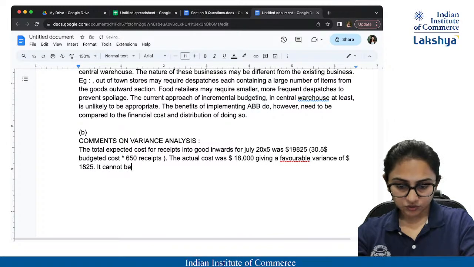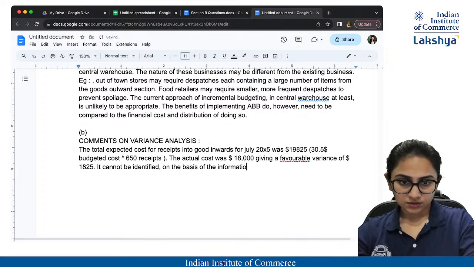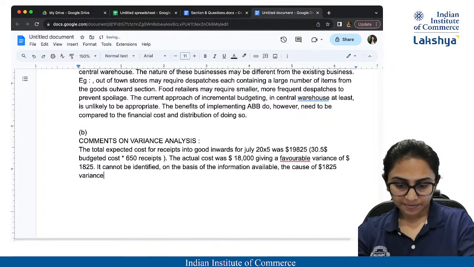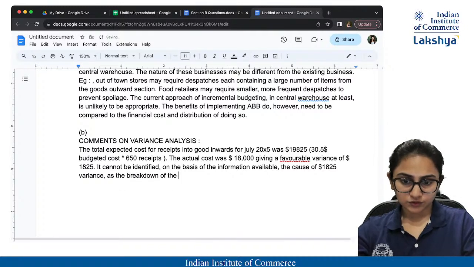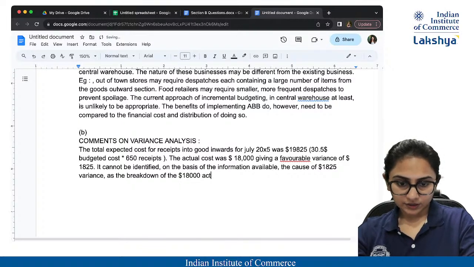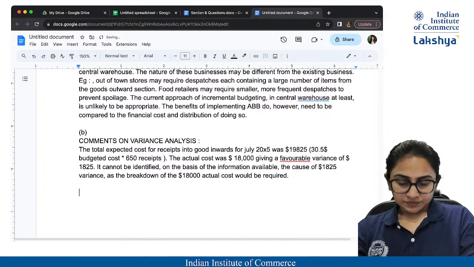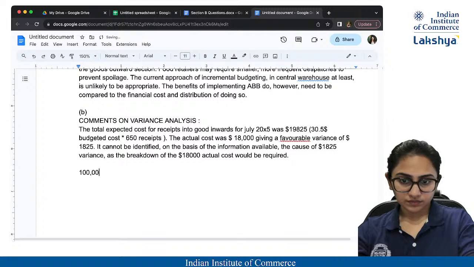It cannot be identified on the basis of the information available cause of 1,825 variance as the breakdown of the 18,000 actual cost would be required. 1 lakh items were processed.